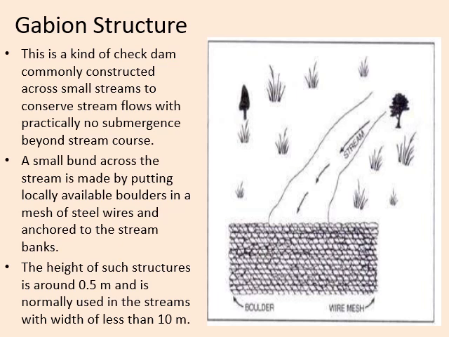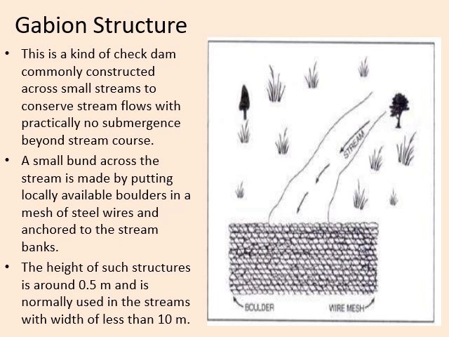Across the flow of the stream, a bund structure is constructed with locally available stones or boulders, and the boulders are fixed with steel wire mesh, because we have to restrict the stream flow and the boulders cannot get off from their place, and it is anchored with the stream banks also.